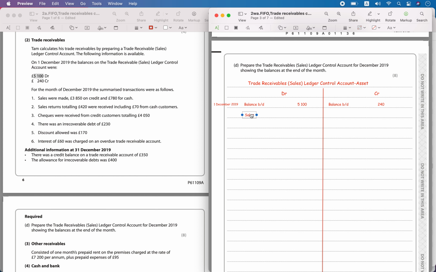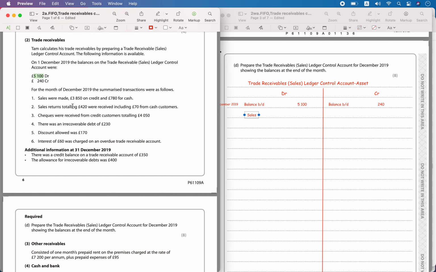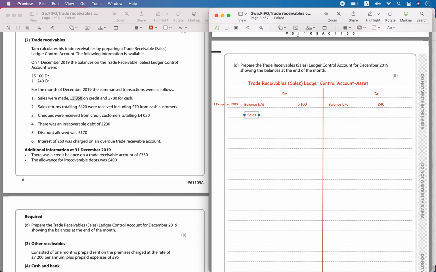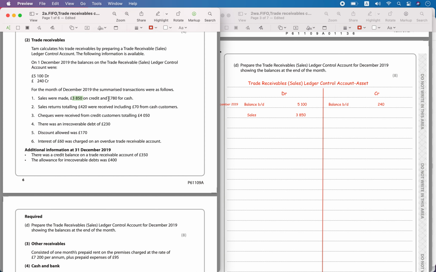So from the sales account, the credit sales alone you have to write here. So let's put that. 3,850 was the sales. The cash sales you will put only in the sales account. This is not going to appear in the ledger control account.